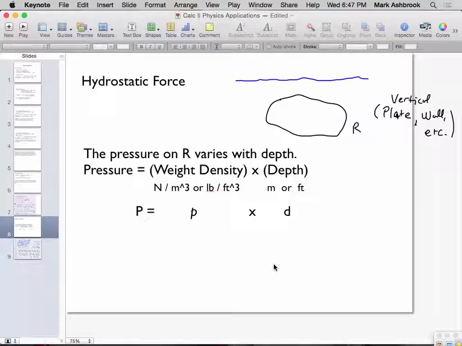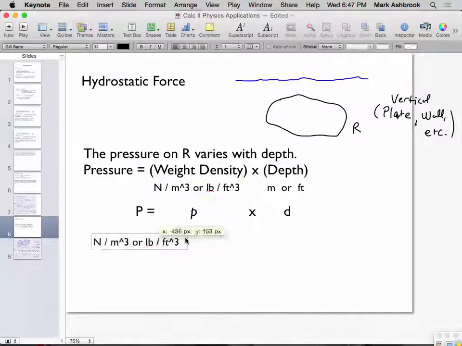Okay. So then the units of pressure would be what? If you take newtons per meter cubed or pounds per foot cubed times meters or feet, then pressure has units of newtons per meter squared or pounds per foot squared.